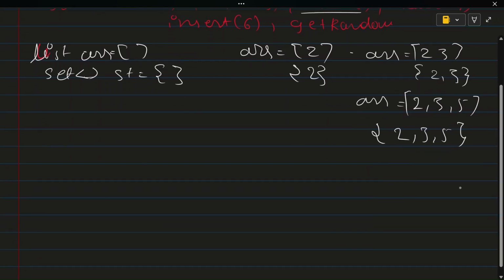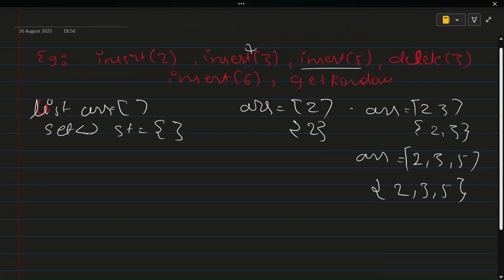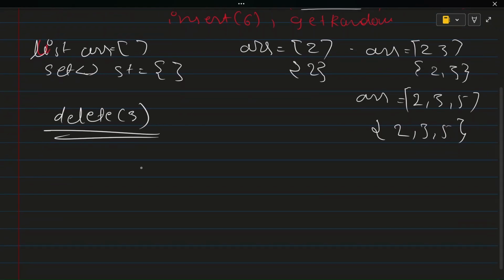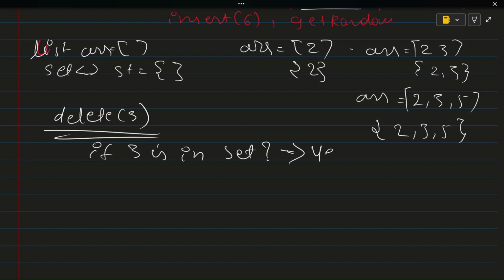Now the next one is delete, right? We need to delete 3. We can only delete if it is present, or else we need to return false. So first we check if 3 is in our set. Yes, it is there. So how do we remove this now?